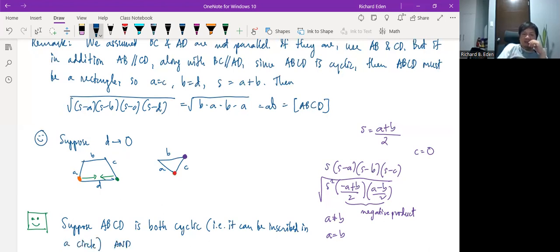And what's the other condition that's also going to hold? It can, okay, and it circumscribes a circle. What? This is crazy. Circumscribes a circle.